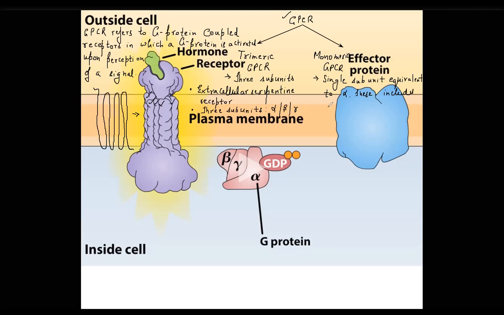Which are the 3 different types? The 3 different types include the RAS, the RAF, Rho, RUB proteins, Rho protein.